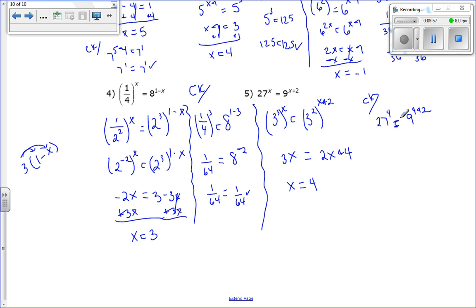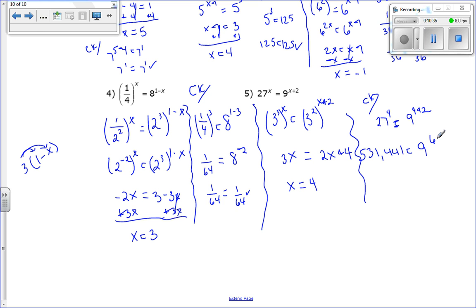This is when I say get your calculators out, because I don't know what 27 to the 4th power is. And so we need to check what 27 to the 4th power is. It's a really big number: 531,441, equals 9 to the 4 plus 2, which is 6.